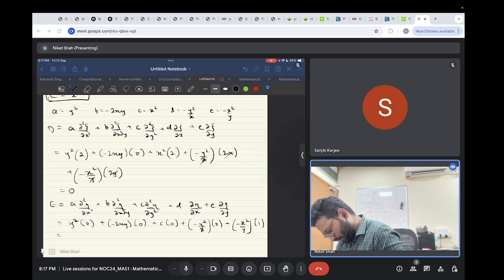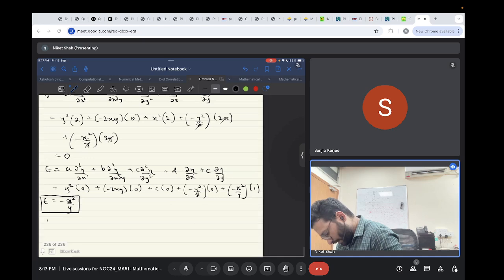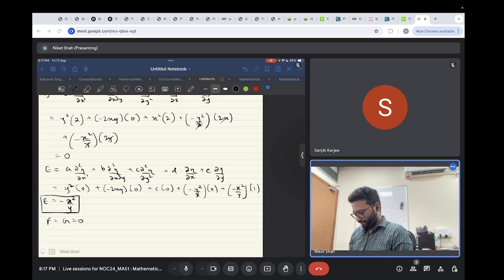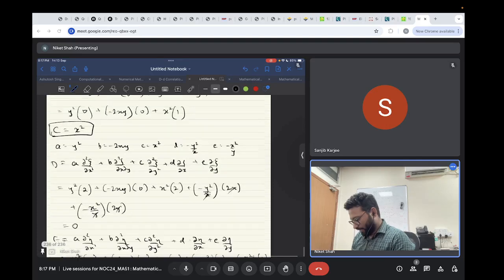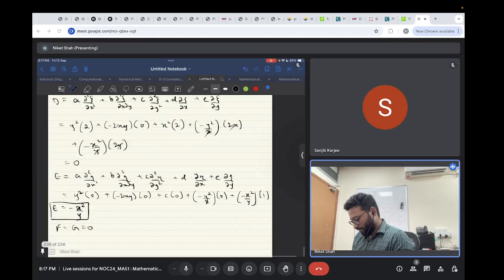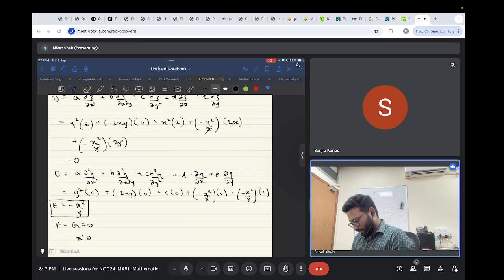So just this comes out to be minus x square by y. Capital F is equal to capital G is equal to 0, because that's not present as a term. So what does this imply? This implies C is x square del square u by del eta square.